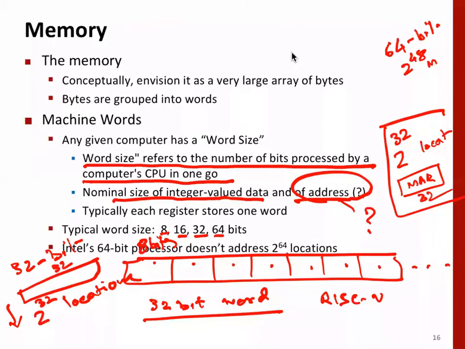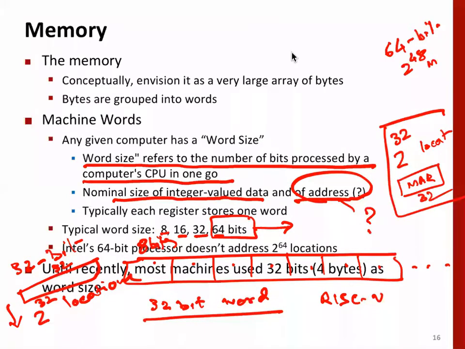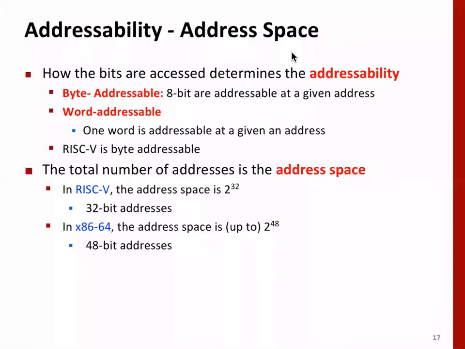Most of the processors that are coming out nowadays, like Intel's latest processor or the latest RISC processor, are all 64-bit. Okay. Any question? No.